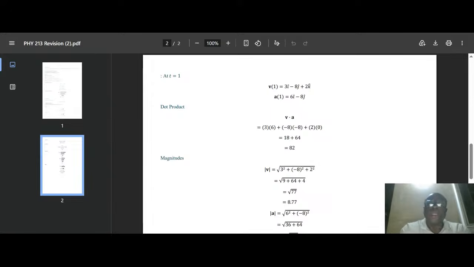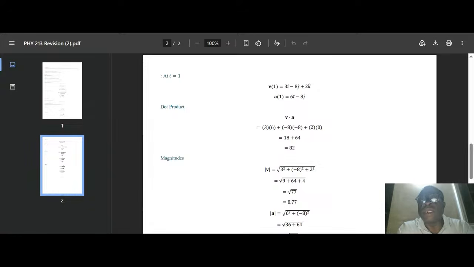In vectors, we can do dot products and cross products, and look at the identities. We can find the angle between two vectors, and for that you need to know the dot product and the magnitude of the vectors.